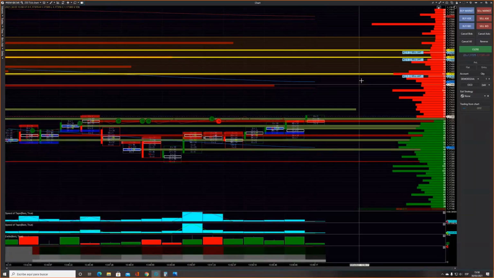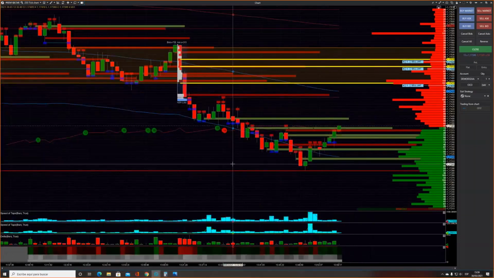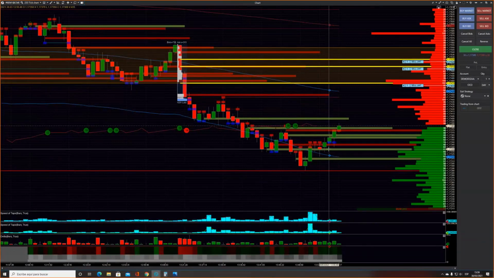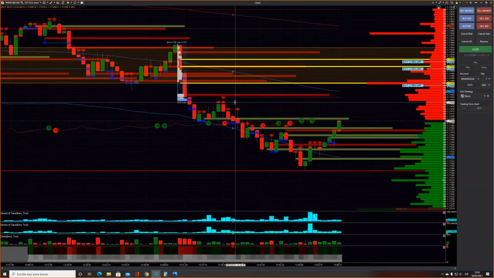So we can see how now it's moving closer to our entry. We're looking at the clusters here. These are scanners just like this one, but we can see inside of them how many contracts are being traded at each price. Volume trading only works if you're looking at volume at each price.